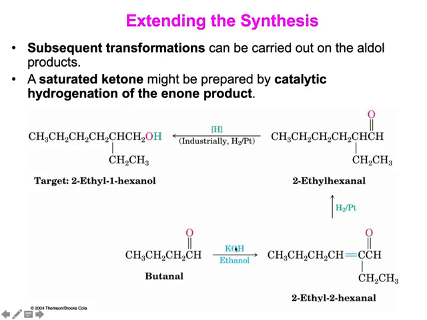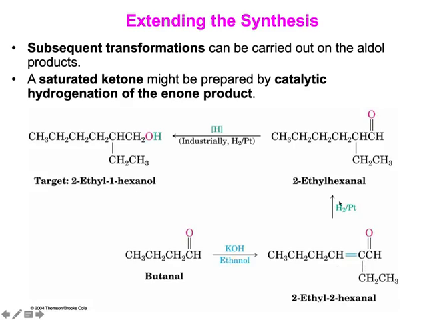By using a strong base in alcohol solvent, you get the aldol product here. At the end you can get the alpha, beta unsaturated product.